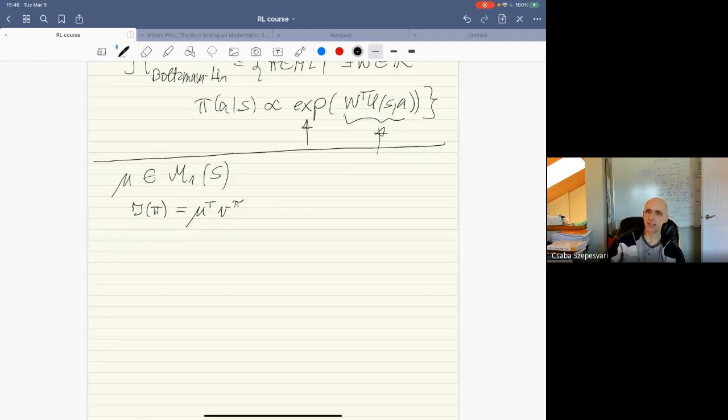The value function V of pi assigns a value to every state, and so this is just a shorthand notation. Actually, I'm going to get rid of this transpose. Note that every distribution is just a row vector.